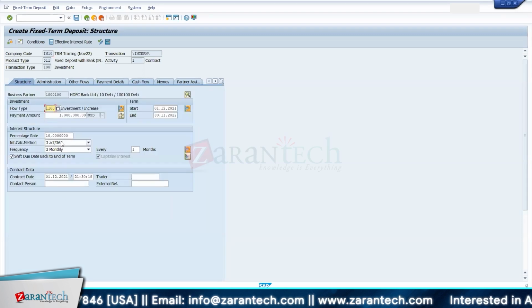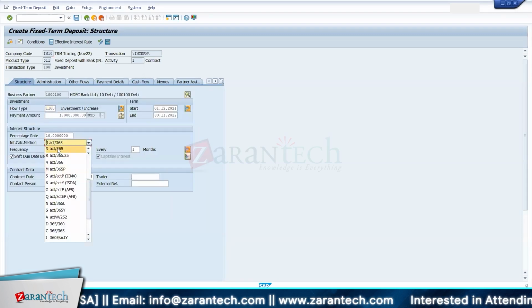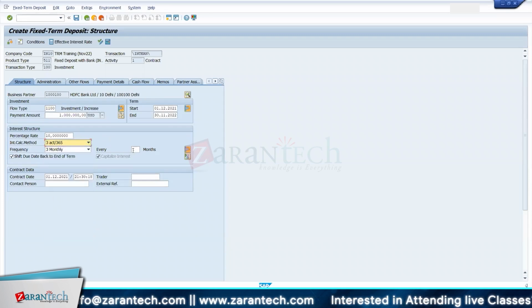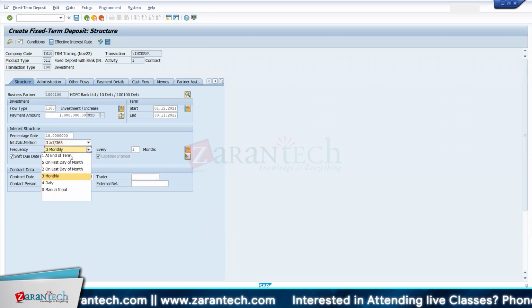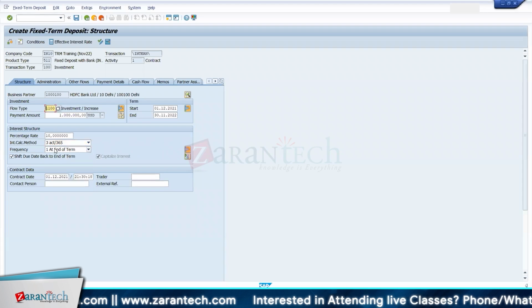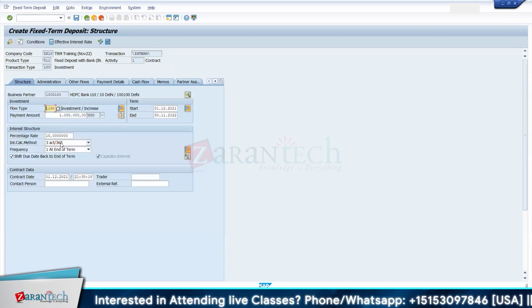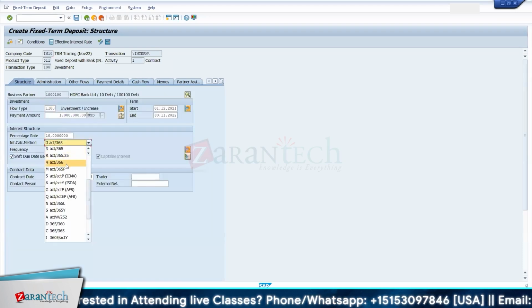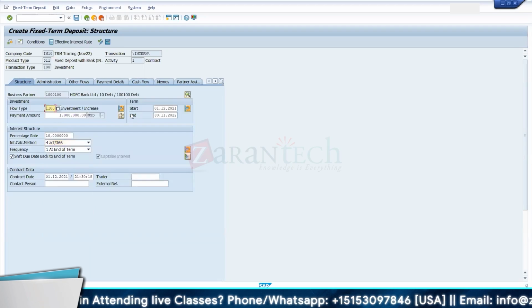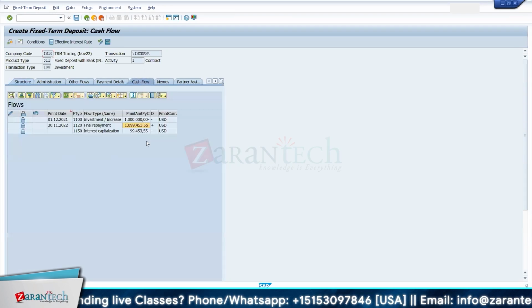Then if you change the interest calculation method, the amount will also change. Suppose I say at the end of the term, actual 365 days, you can see my total is 10,99,726. Suppose I change this, some difference will come. You can see some differences there.